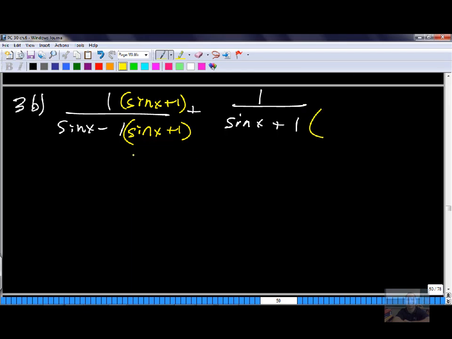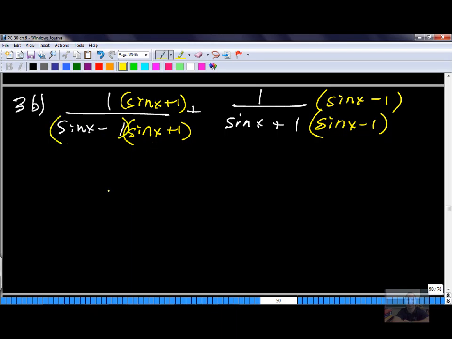And the same thing over here, I've got to get a common denominator, so I'm missing this factor over here. So you got to do this. Now the nice part about this is that when you multiply these, they're conjugates, right?